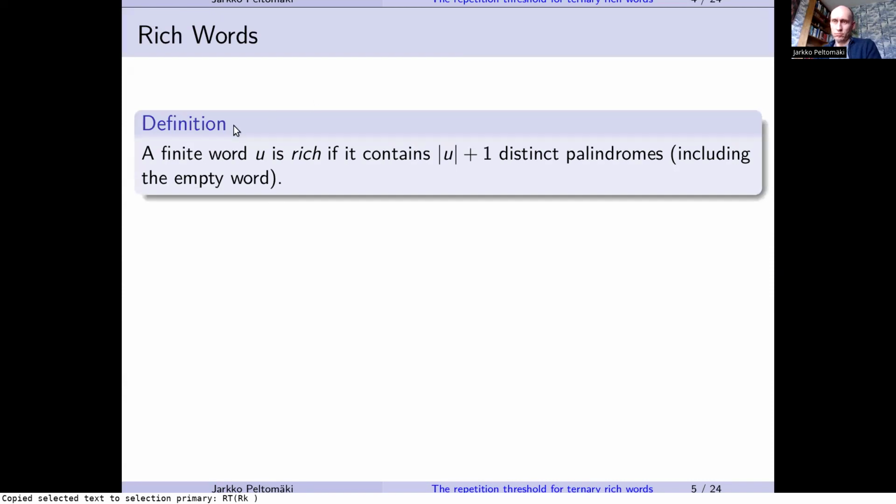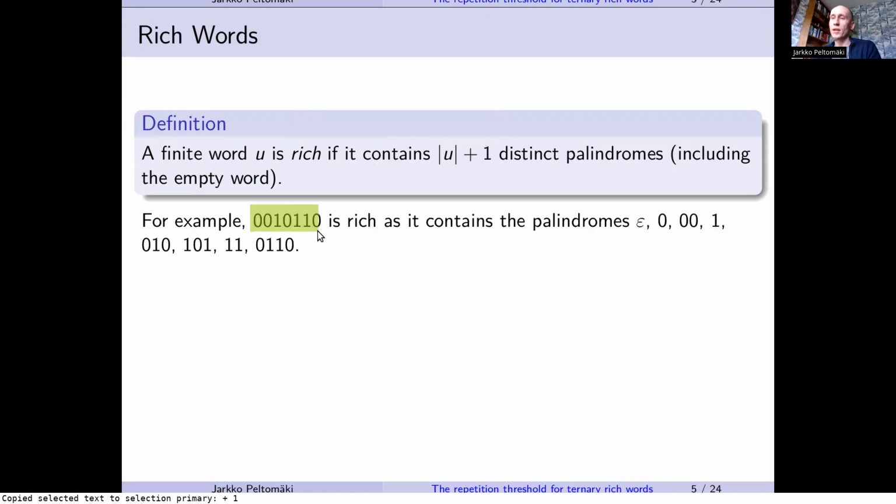Now in this definition, we're talking about finite words. A finite word u is rich if it contains its length plus 1 distinct palindromes as factors. I include the empty word as a palindrome, which accounts for the plus 1 here. For example, I have this binary word 0010110, and you can check that it contains these palindromes.